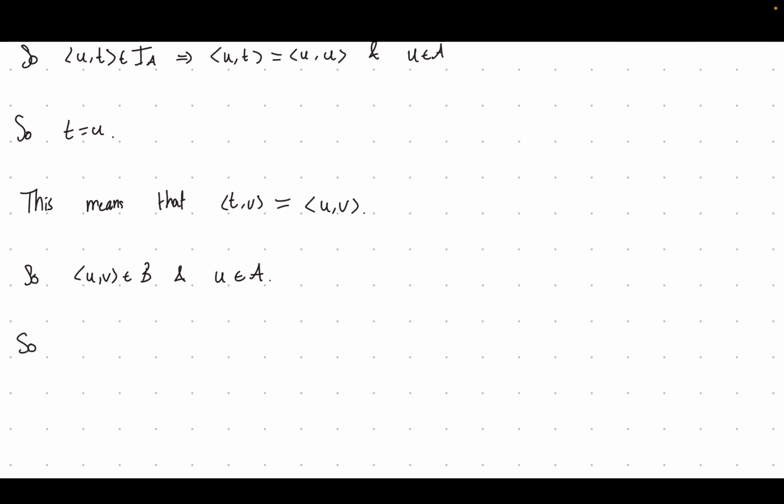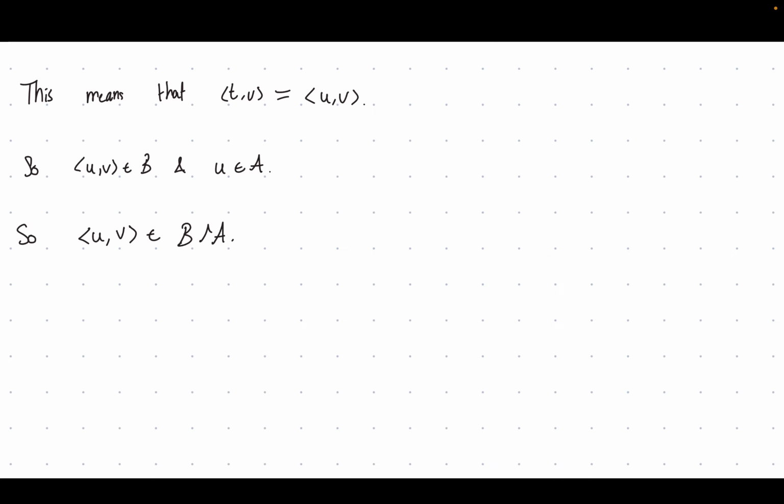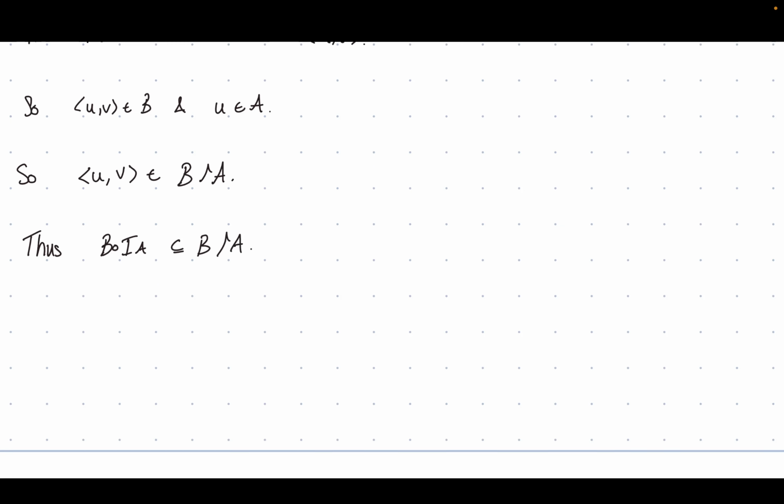So UV must be in B restricted to A. Thus, B composed with IA is a subset of B restricted to A.